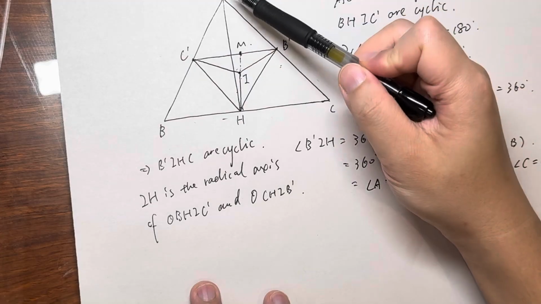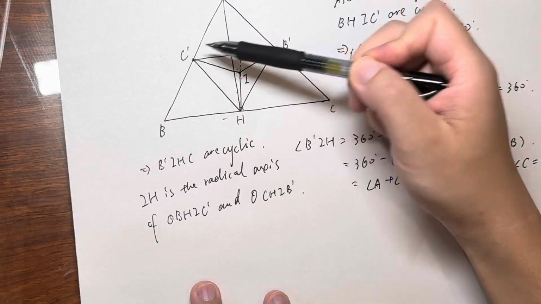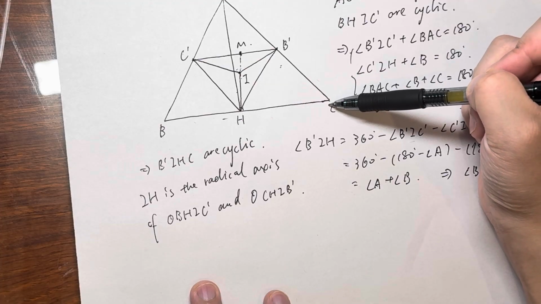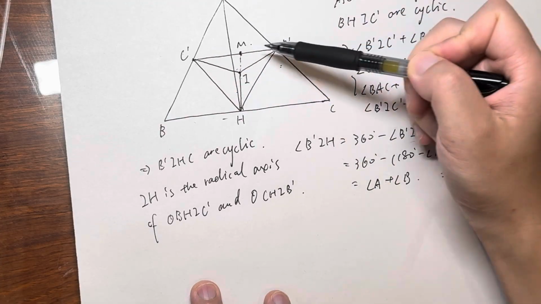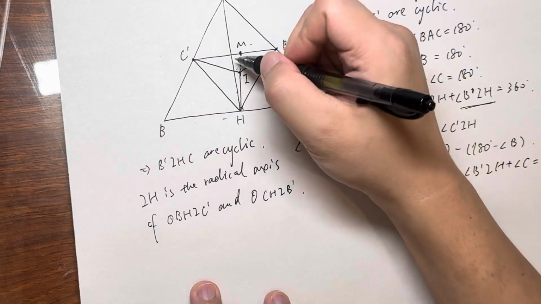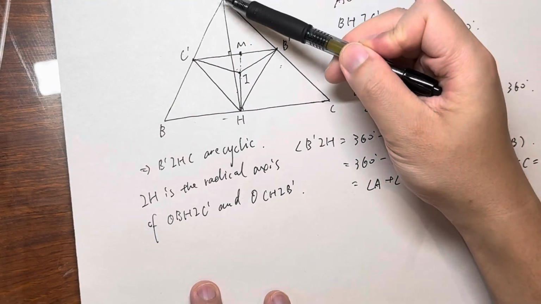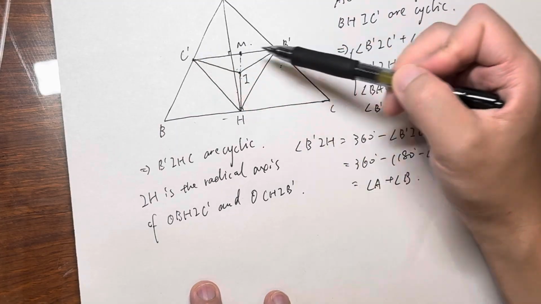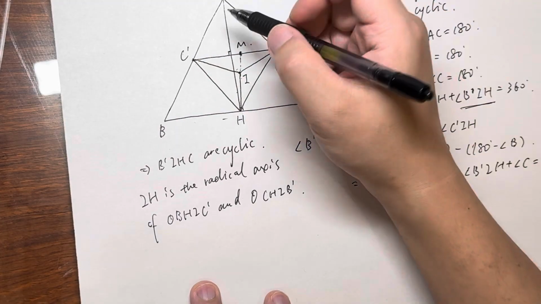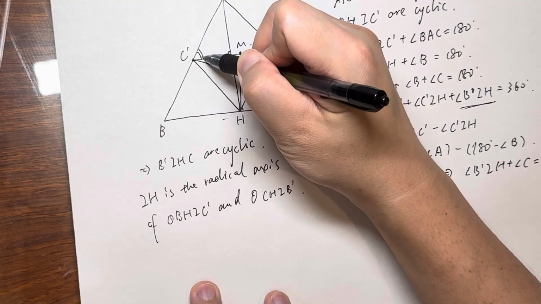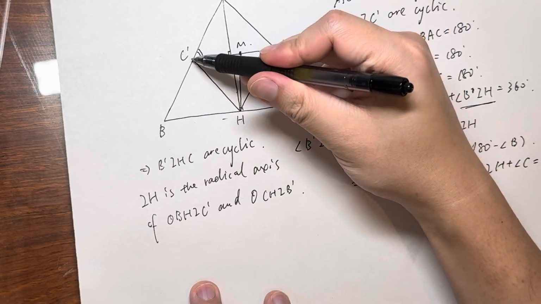Here, we know that because C' and B' are the midpoints of AB and AC respectively, and AH is perpendicular to C'B', the triangle AC'B' is congruent to triangle HC'B', which means the angle AC'B' equals angle HC'B'.